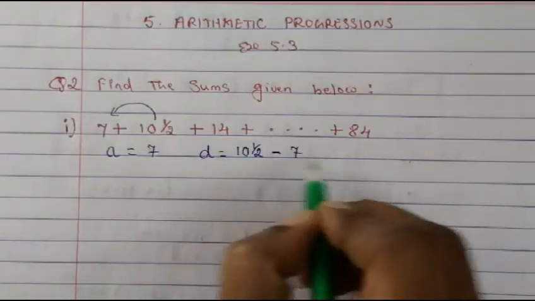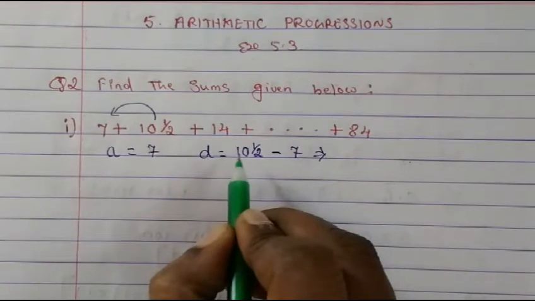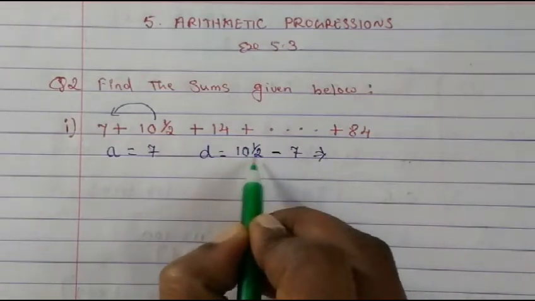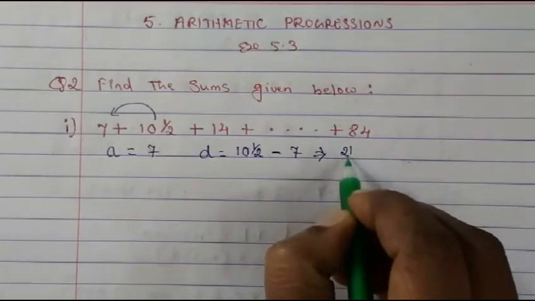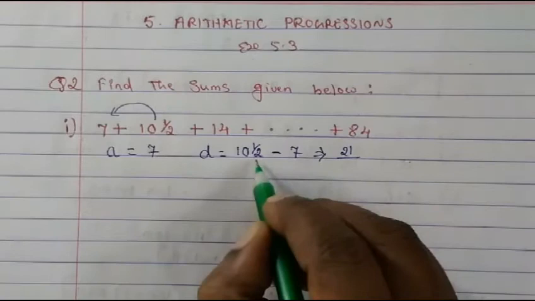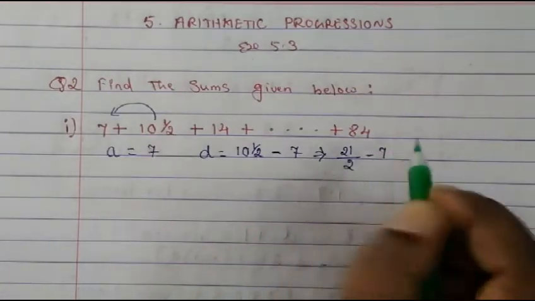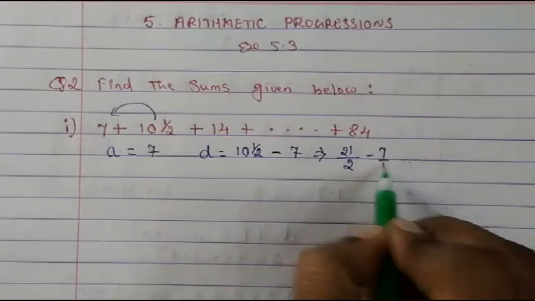When it is a mixed number, what do we do? You have to make it into an improper fraction. 10 into 2 will give us 20, 20 plus 1 will be 21 upon the denominator, that is 2. Then minus 7. Here there is no denominator, so we consider it to be 1.